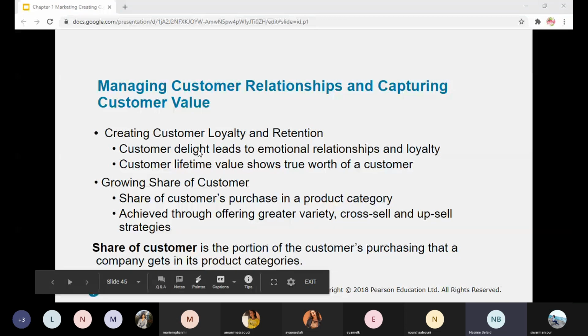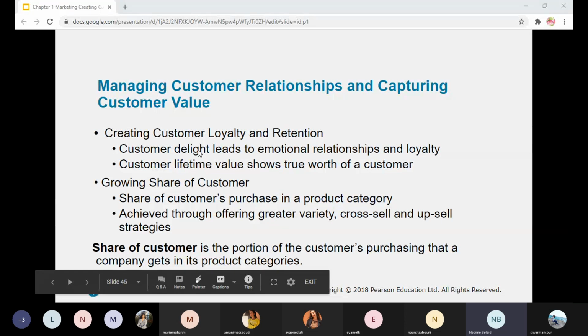Whereas sales and market share reflect the past, customer equity suggests the future.